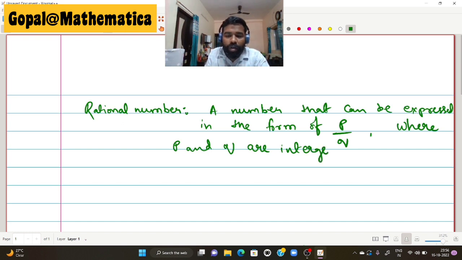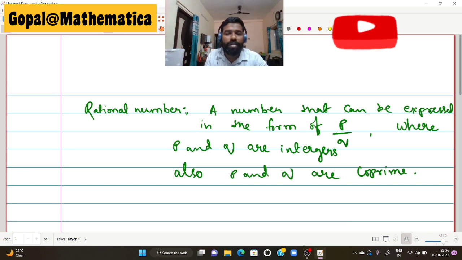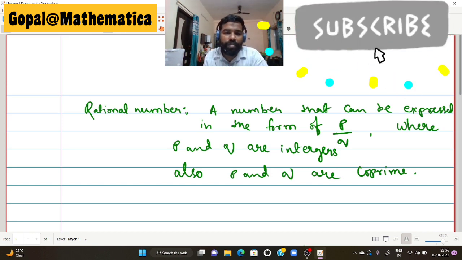Okay, so we all know what integers are. And also this p and q are co-prime. Okay, so this is the actual definition of a rational number.